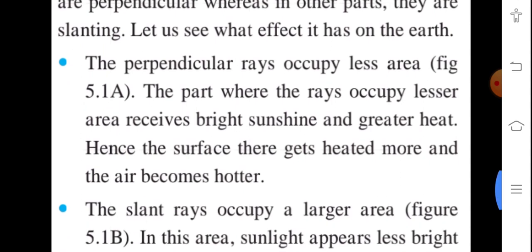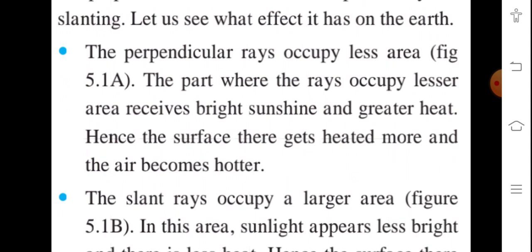The perpendicular rays occupy less area. In our figure 5.1a we see that the perpendicular rays occupy less area. The part where the rays occupy lesser area receives bright sunshine and greater heat.